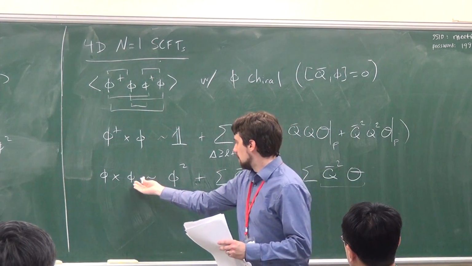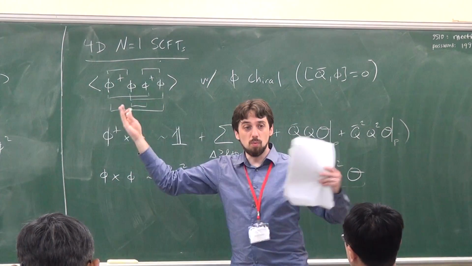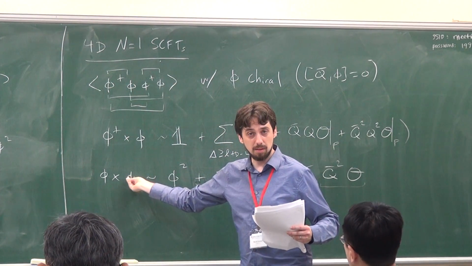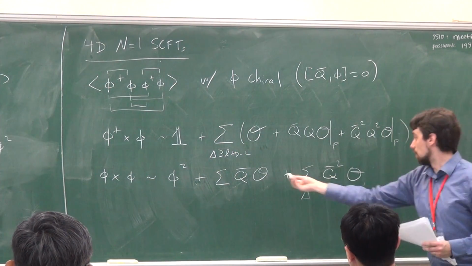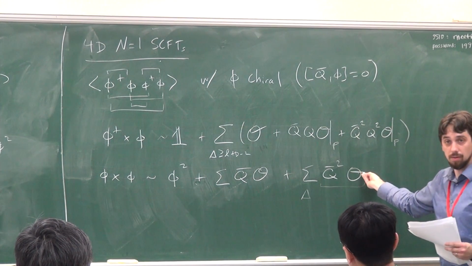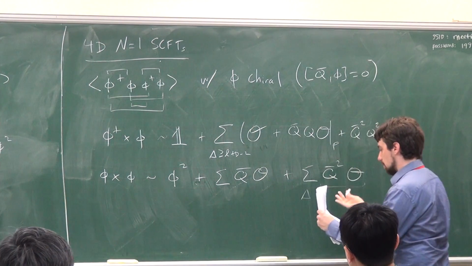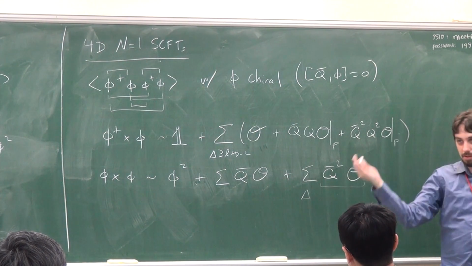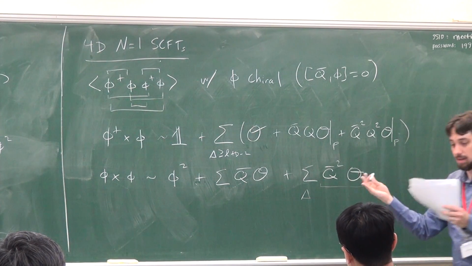Okay, so N=1 theories have a U(1)_R symmetry. The U(1)_R charge of phi is related to its scaling dimension. And so this also fixes the U(1)_R charge of O. And so there's some unitarity bound on the dimension of O that's determined in terms of this U(1)_R charge that you could write down.